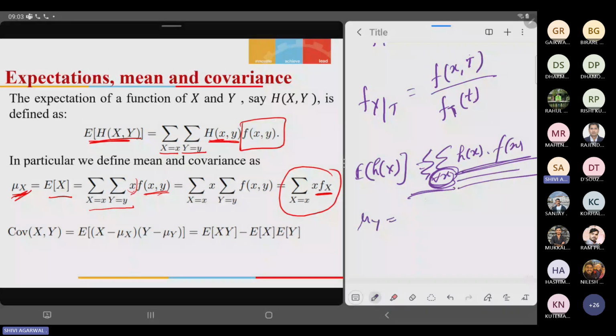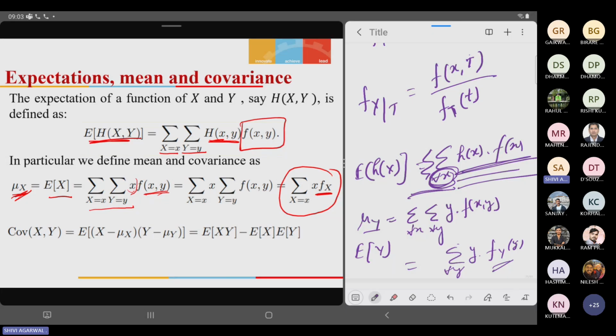Mu y is summation for all x, for all y, y multiplied by the joint density function, because it is the expected value of y. And that we can also find out as summation for all y, y into f_y(y), that marginal density function. So we can use both methods to calculate the expectation of x and expectation of y.